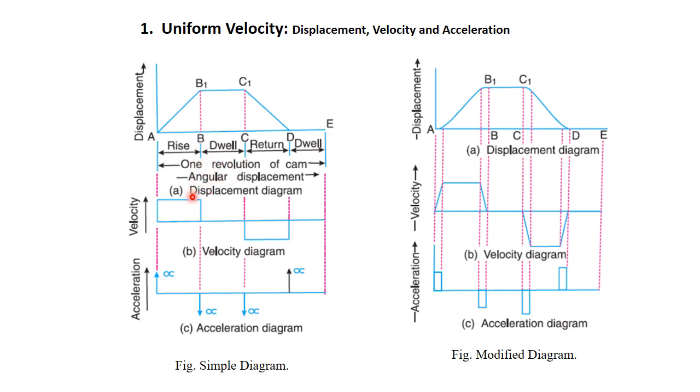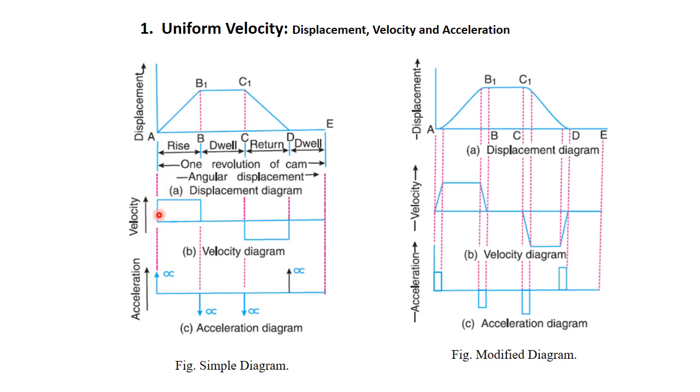But when we see the acceleration in the rise stroke, at this point A it was suddenly 0 before A, and just when it starts from point A to B, it attains some specific velocity and it remains constant.